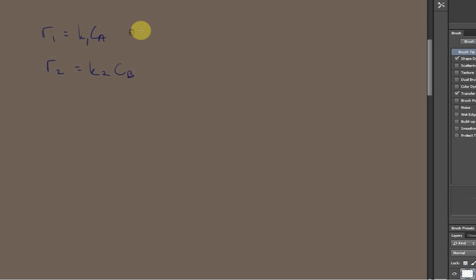And we can rewrite this as K1 Ca naught times 1 minus the conversion, and Cb, if we assume component B is not in the system initially, then the only time we will have component B is when A is converted to B. So this is simply K2 Ca naught X. And then we can write in terms of our net reaction rate, R equals R1 minus R2 equals K1 Ca naught times 1 minus X minus K2 Ca naught X.